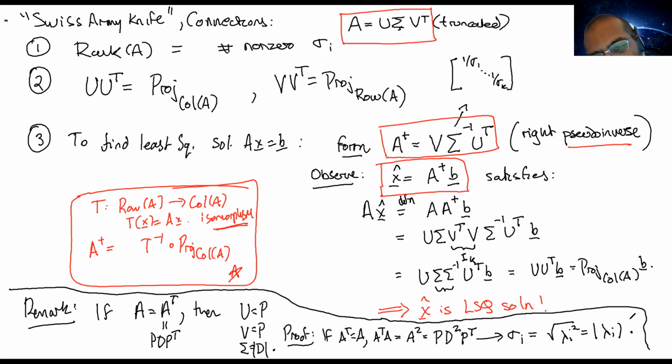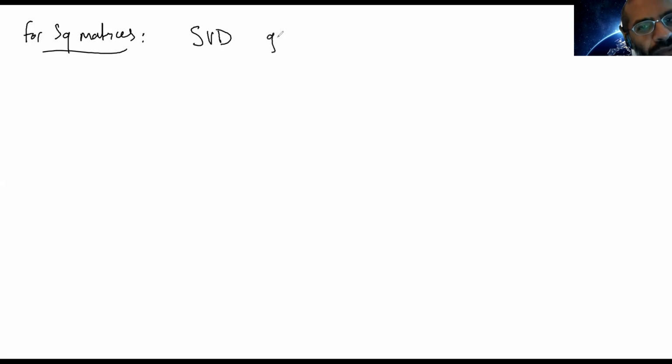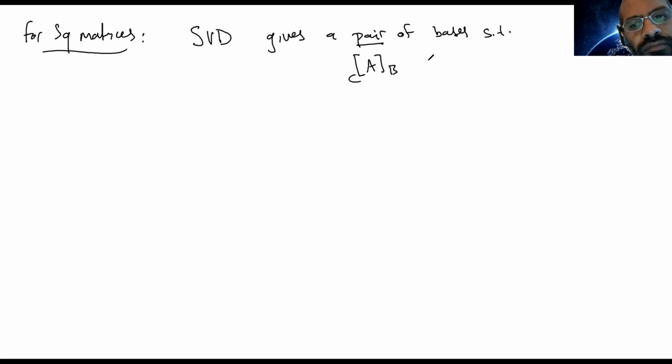I mean, there are many differences. SVD works for rectangular matrices. But for square matrices, SVD gives a pair of bases such that this is diagonal.